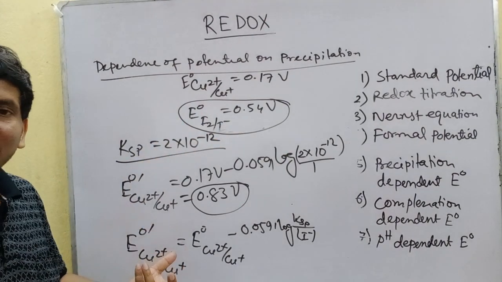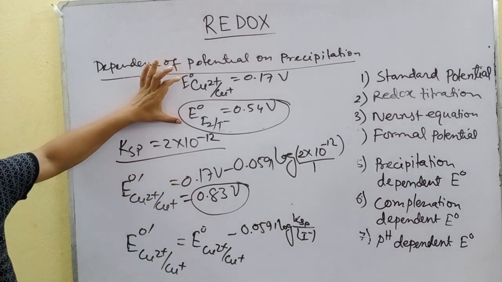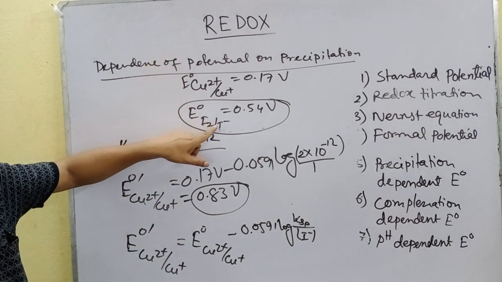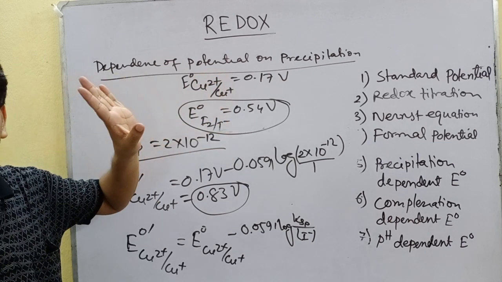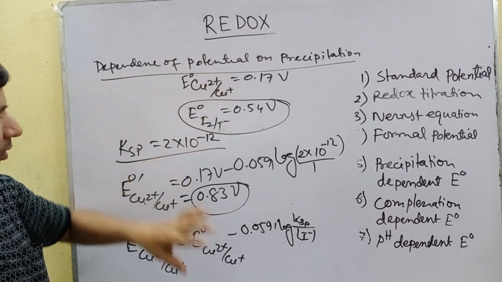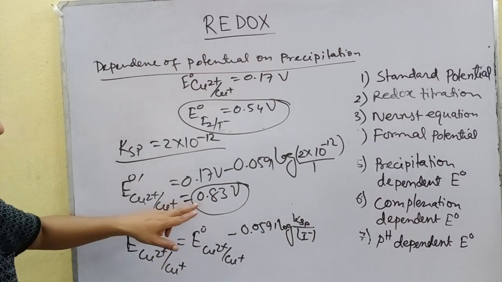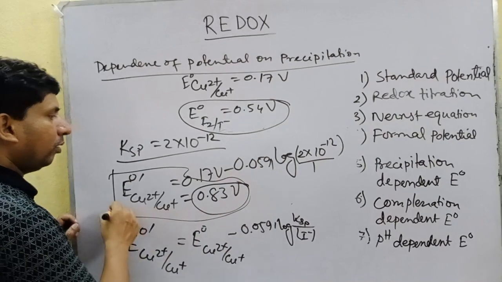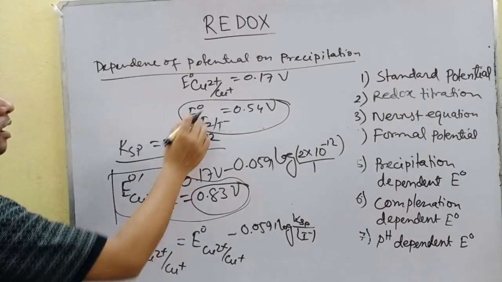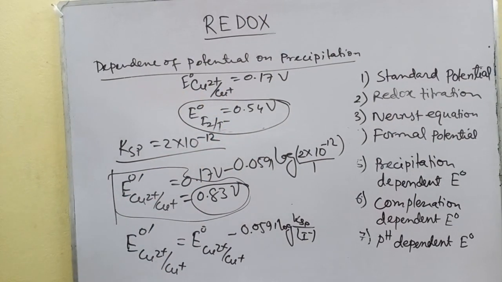Then what happened? At first we considered that iodine will be reduced and copper will be oxidized, but from this potential we can say that iodine will be oxidized.